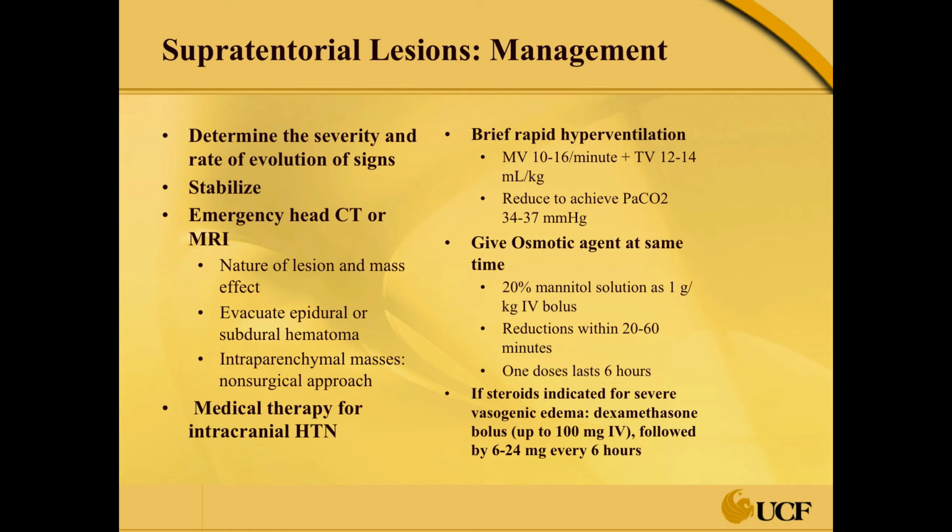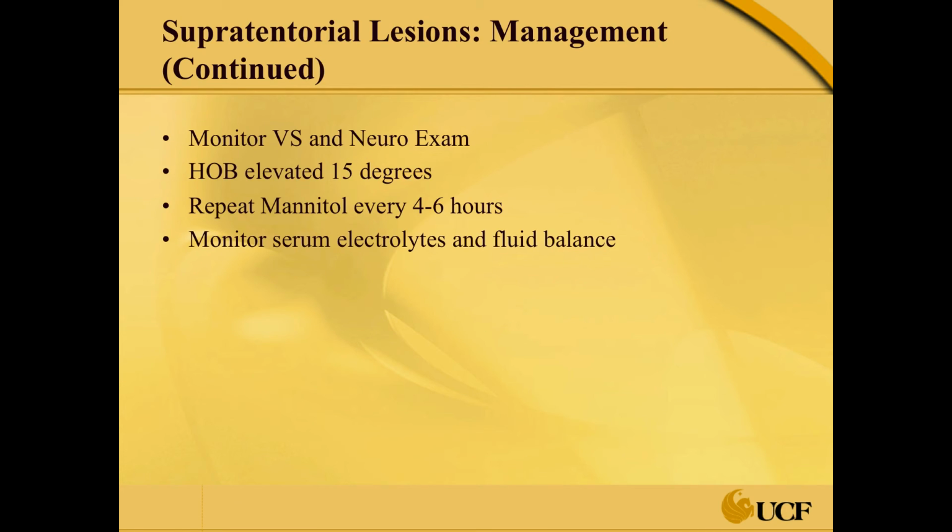Remember that you never give Decadron in a patient who's actively bleeding. You would never ever want to do that, but you want to give it in somebody with severe vasogenic edema at a bolus of up to 100 milligrams, followed by 6 to 24 milligrams every 6 hours. This would be something I'd be consulting the critical care pharmacist about to help guide some of that management.